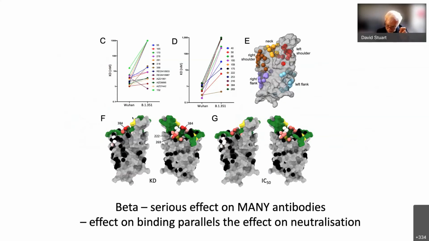And the beta variant has a much more serious effect on very many antibodies. So you can see on these graphs from the Wuhan through to the beta variant, there's a dramatic loss of neutralization ability. And now the same plot of effect on neutralization on these antibodies show that a lot of these are pink or red, indicating a pretty disastrous effect.